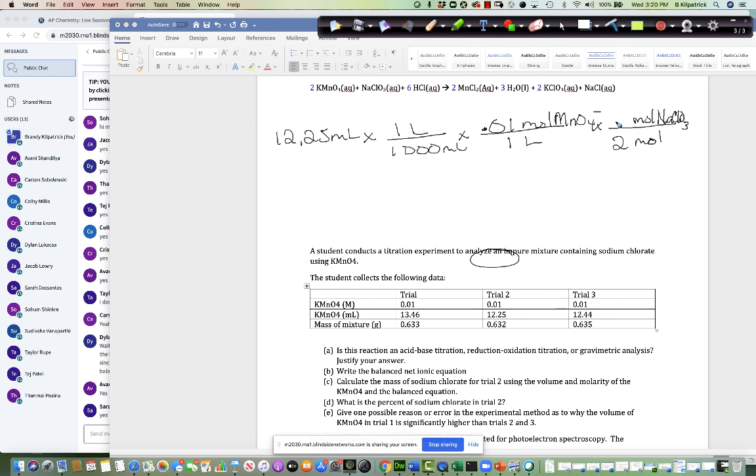So there were 2 correct answers for this because I'm not going to penalize you for typos. Now, moles, and then you got to go to grams. Now, the sodium chlorate weighs 106.5. It's 1 sodium plus 1 chlorine plus 3 oxygen, so you get 106.5 here.